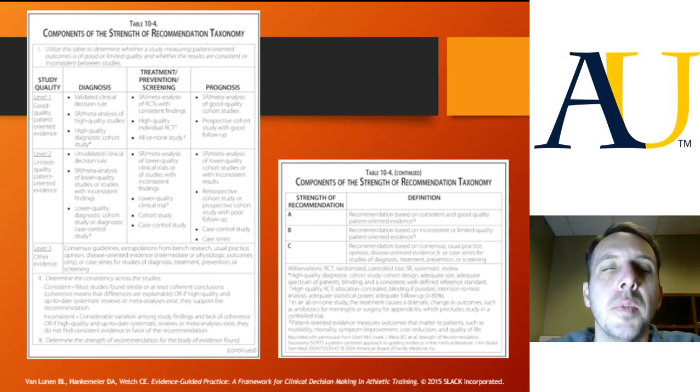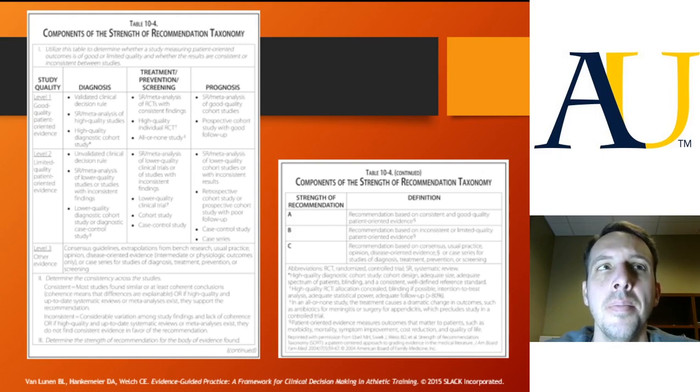And so then level 1 and level 2 just becomes the difference between what is termed high quality and low quality. They give some examples there in the areas of diagnostics, treatment, and prognoses of what sort of articles would fall into high quality and low quality.